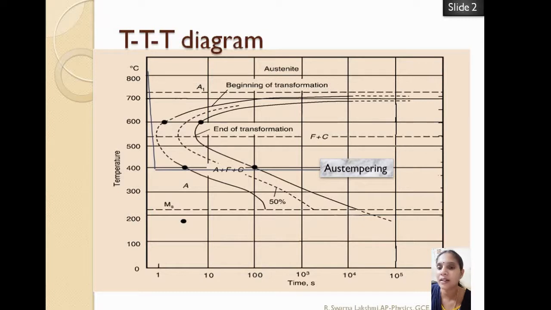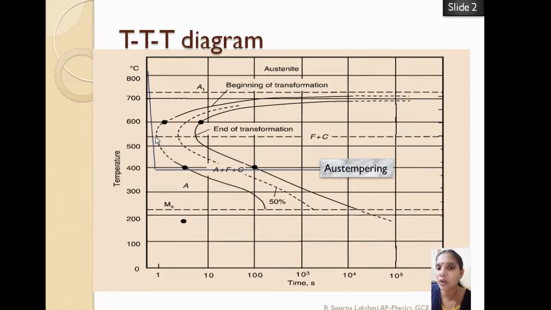Austempering is interrupted cooling, that is you quench the sample below the nose temperature, that is 540 degrees Celsius, to about 390 degrees Celsius, and then hold it at that temperature for a sufficiently long time. Below the nose temperature, the microstructure formed will be bainite.